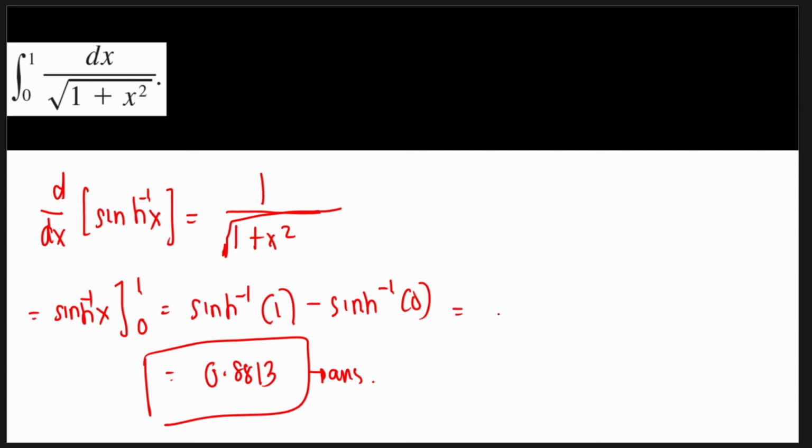Or this is just the arc hyperbolic sine of 1, which is also equivalent, using the hyperbolic sine identity, to the logarithm of 1 plus the square root of 2. That is our answer here.